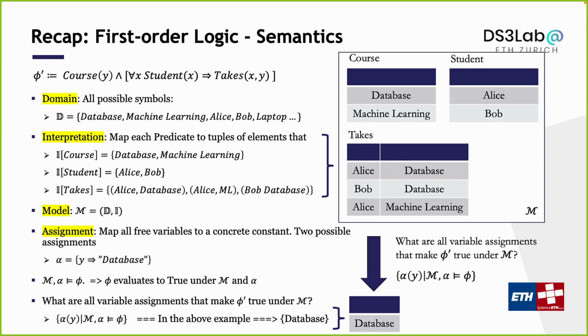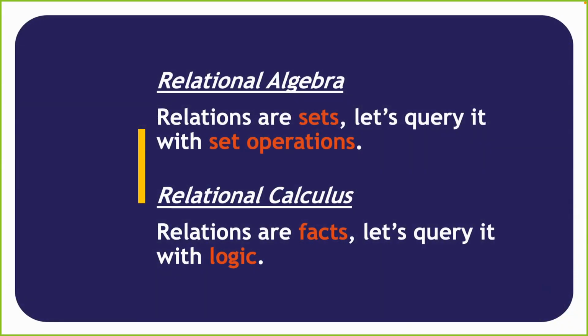When you are using a relational database, when you are writing a single query, underneath the covers, this is what you are doing. You are not doing some relational algebra thing. You are actually trying to infer new facts using an existing collection of facts. So this is also how we connect these two things, and what we mean by: if relations are facts, we can query them using logic.